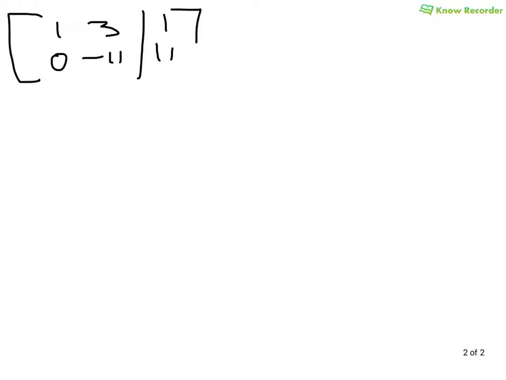We're just going to start on a new page now. So the matrix that we have right now is 1, 3, 1 on top, and 0, negative 11, 11 on the bottom. Now what we have to do is get our negative 11 right here to equal 1. The easiest way to do that is to multiply it by negative 1 over 11, so a fraction.